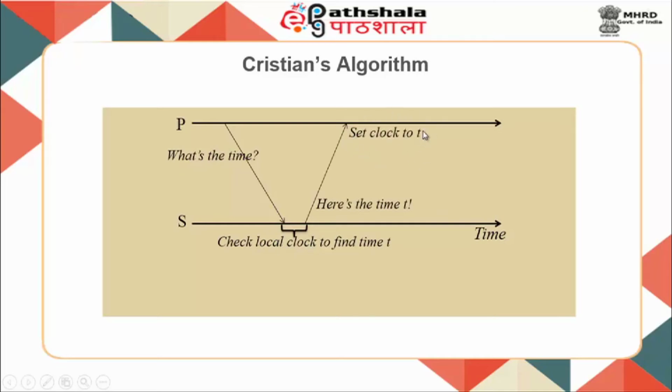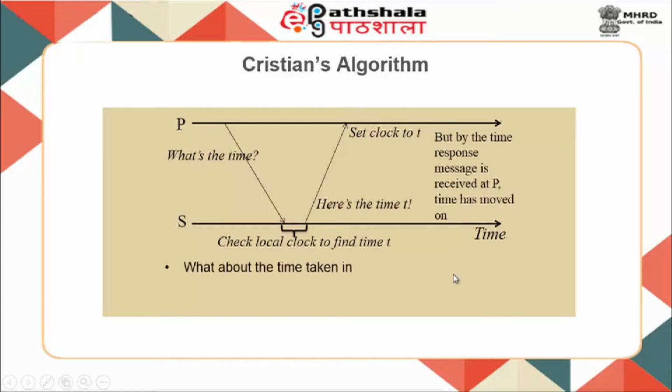This is our third step, where the process P is supposed to set the clock. But is this the correct time t where the process should set its clock? Now, let us see why this is not the correct time. We have missed three very important points.